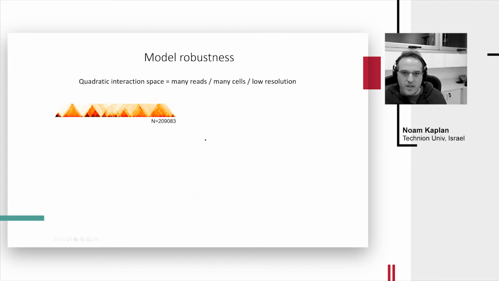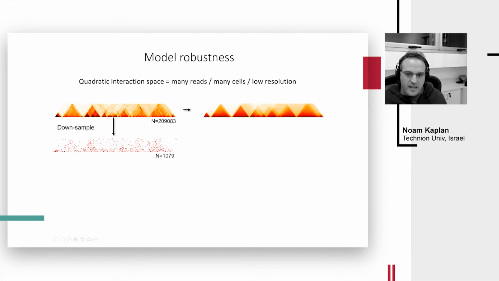So the model has some very nice technical properties. For example, you can take the data, downsample it very drastically, and then look at the fitted model for both the original data and the downsampled data, which is very, very sparse.